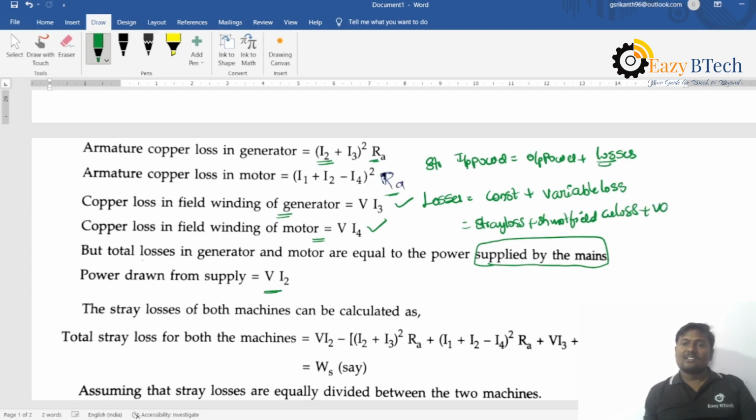From this we calculated the armature copper losses and shunt field copper losses. Can I calculate the stray loss? Yes, if we know the input power and the output power.